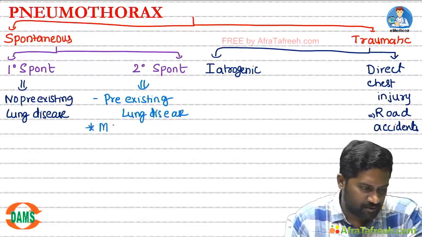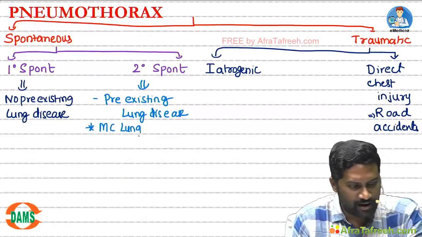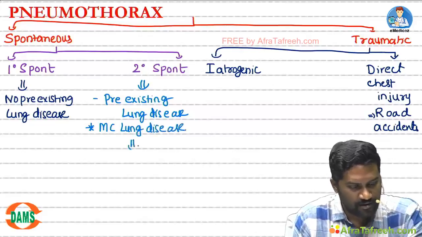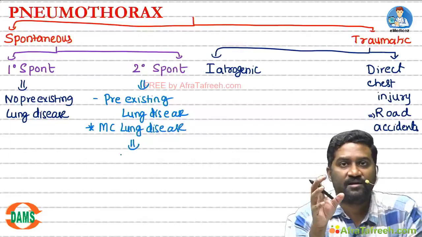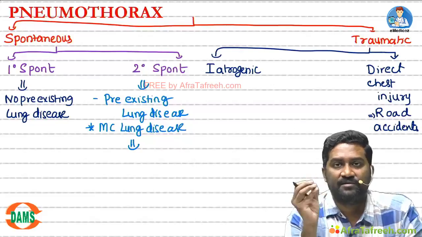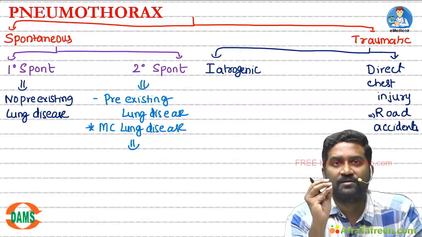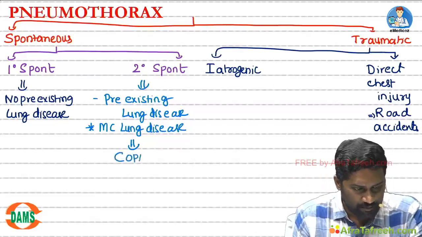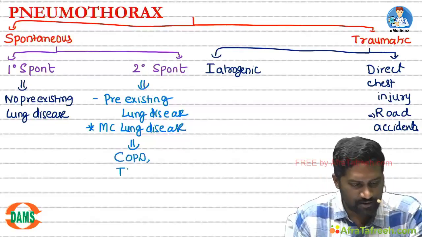Then what is the most common lung disease responsible for pneumothorax? In which lung disease there are hyperinflated areas called as bullae, which can rupture resulting in pneumothorax? It is COPD, emphysema. Apart from that, tuberculosis.